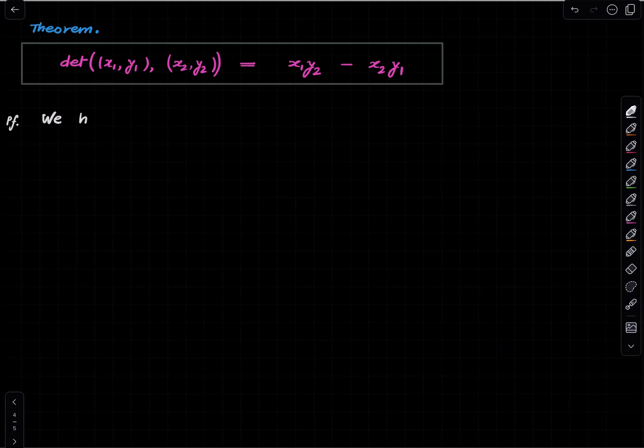So we have the determinant of this pair of vectors. This is equal to, just changing notation, this is x1 e1 plus, sorry, what have I done?